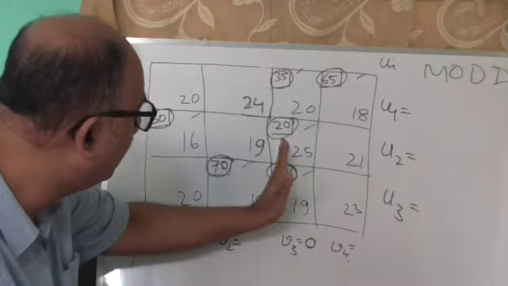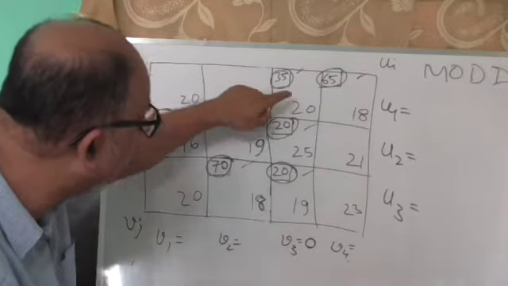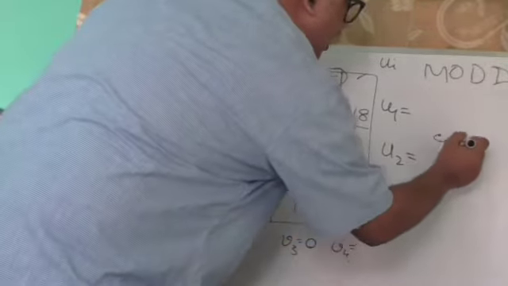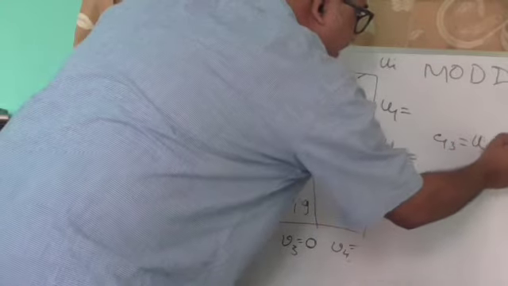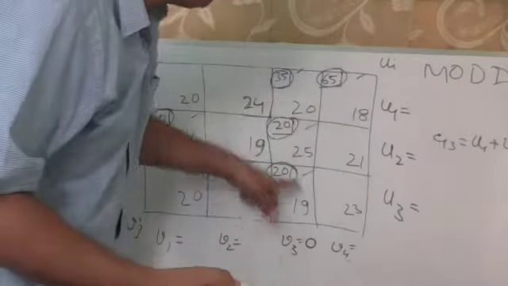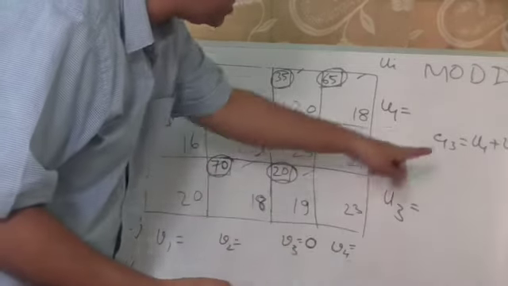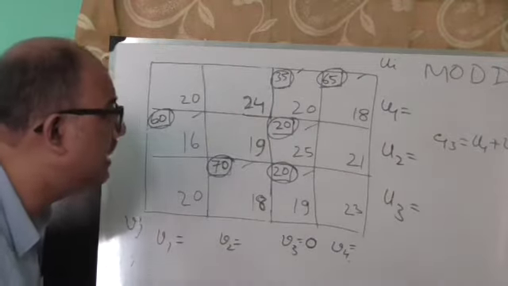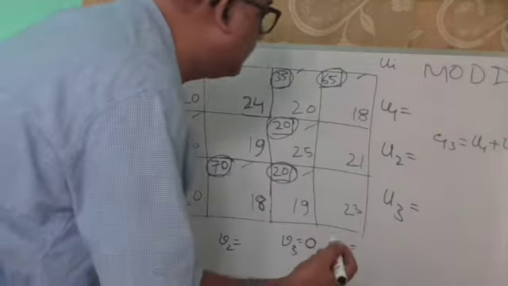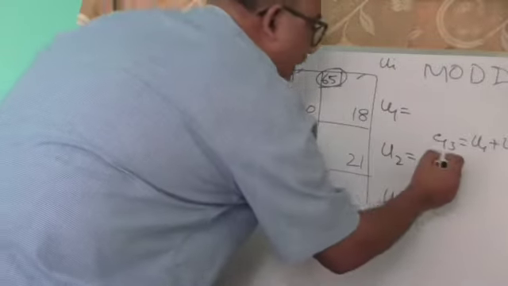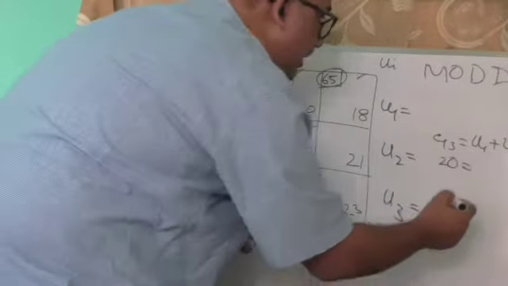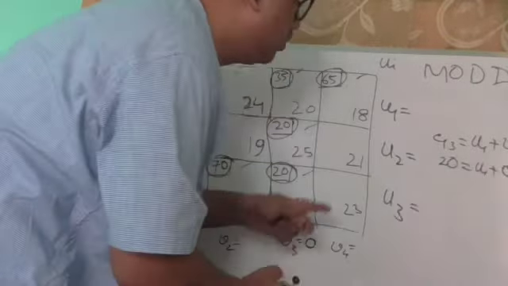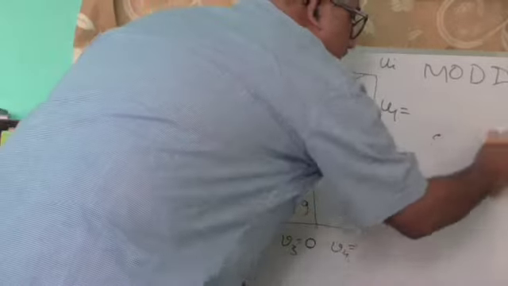According to the formula, Cij equals Ui plus Vj, so C13 is equal to U1 plus V3, and the value of C13 is 20. U1 is to be found out and the value of V3 is 0 that we have already put. So that gives you the value of U1 as 20.